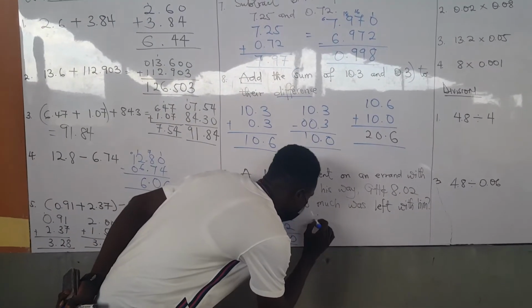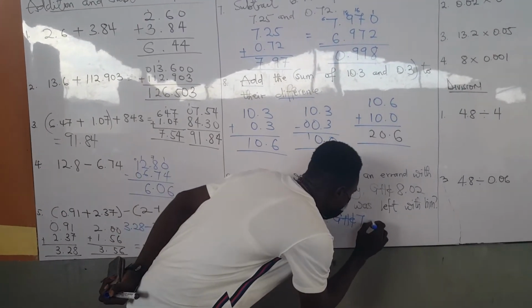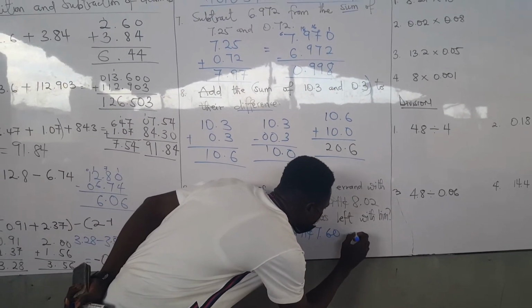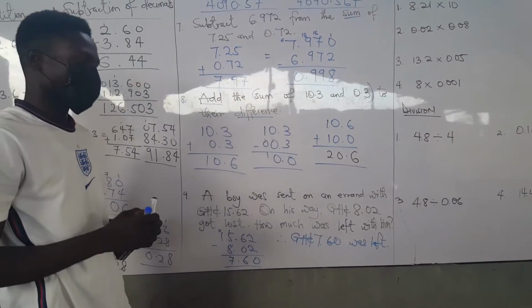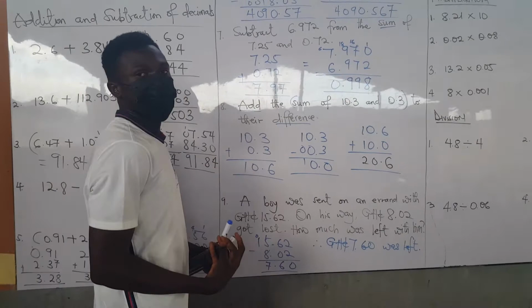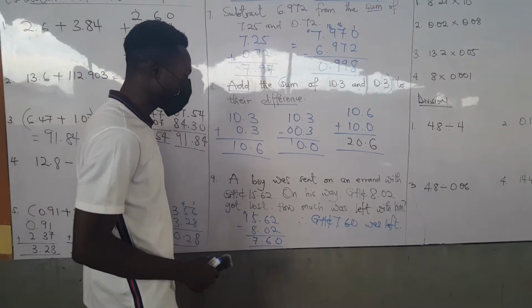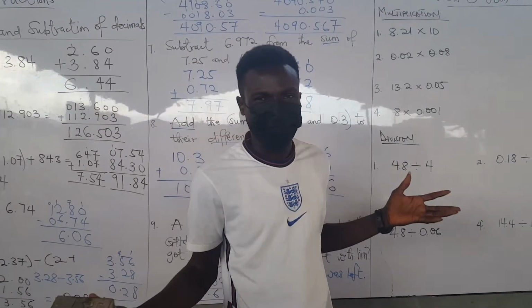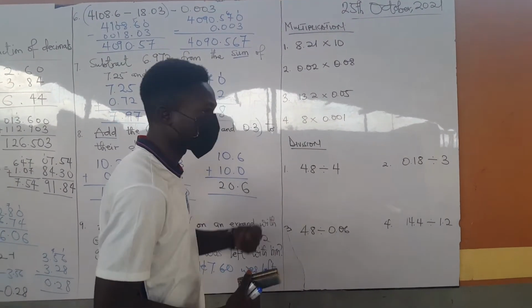We are going to say, therefore, 7 Ghana cedis, 60 pesos was left. Because we have to subtract. You have this and you mistakenly misplace this. You are going to have this left. So that is for the addition and subtraction and the word problem in addition and subtraction.